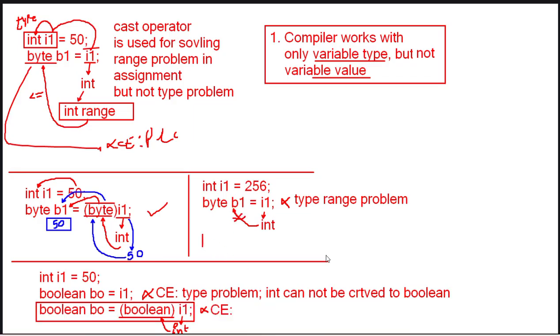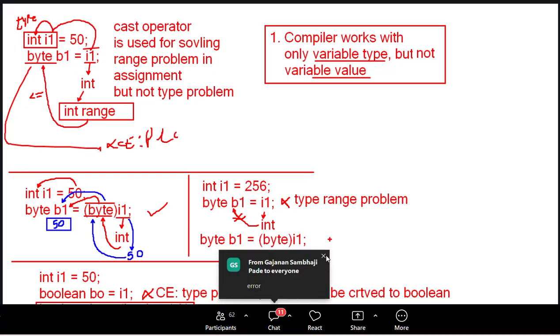Now I want to tell the compiler, my dear compiler, the value coming from int is what? Byte range only. Now will the compiler compile this statement or throw error? Error? Why?